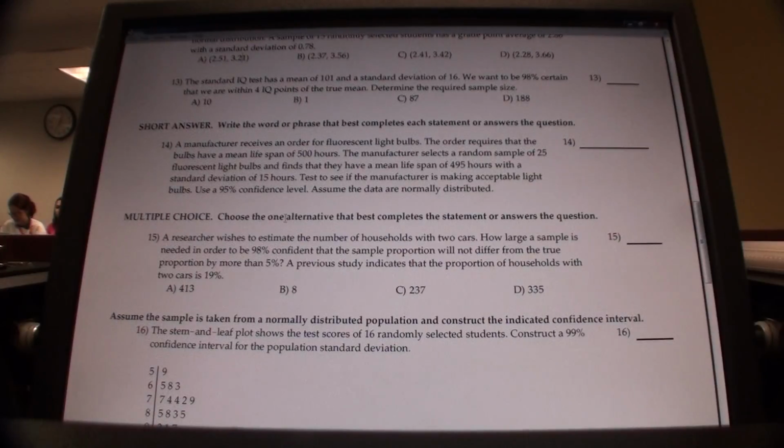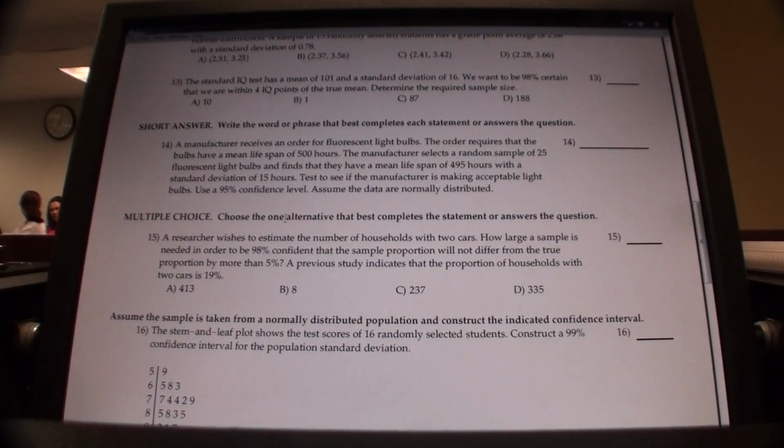Okay, let's see. So we want to do a confidence interval at level 95. 1 minus alpha is 95, that means alpha is what? Alpha half is equal to 0.025. So we know the z value is going to be equal to what? For 95 it is 1.96. So we have all the information. We can do this using our calculator, right?